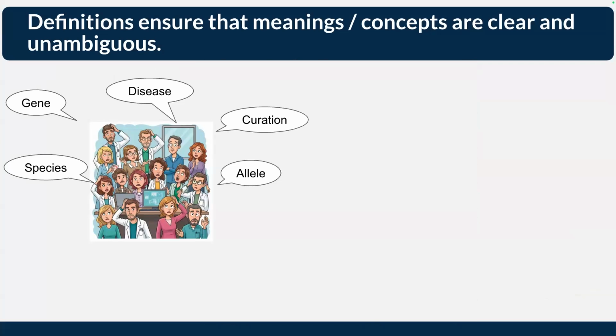We're all here, I think, in the world of bioinformatics and biocuration, and we're still using words to mean completely different concepts. For things like disease and allele, everybody has their own idea of what the concept means.